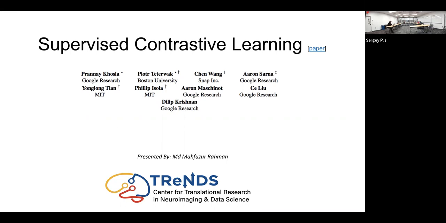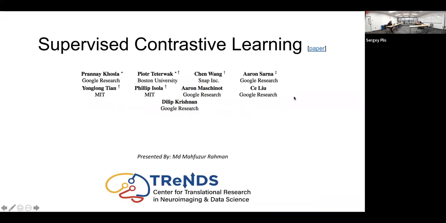So instead of traditionally approaching the classification problem, they proposed an alternative way of dealing with model training, and that alternative approach can be treated as supervised contrastive learning.